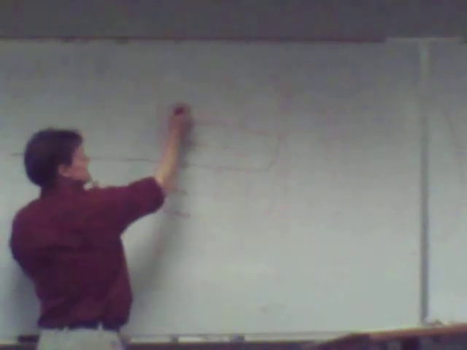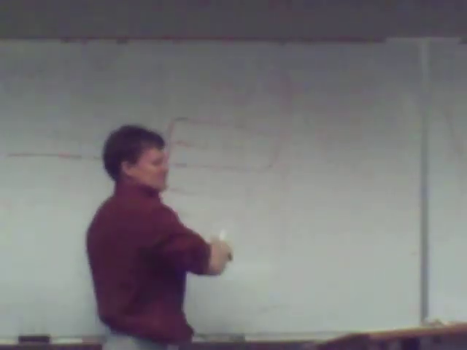This portion here, right at the very tip of the dorsal grey horn, is called Lissauer's tract, or the dorsolateral fasciculus of Lissauer. There it is, it's on there.